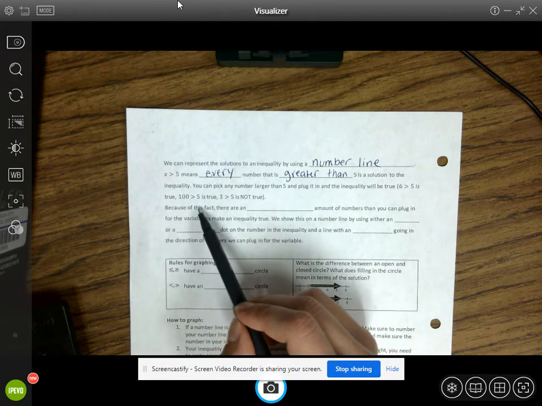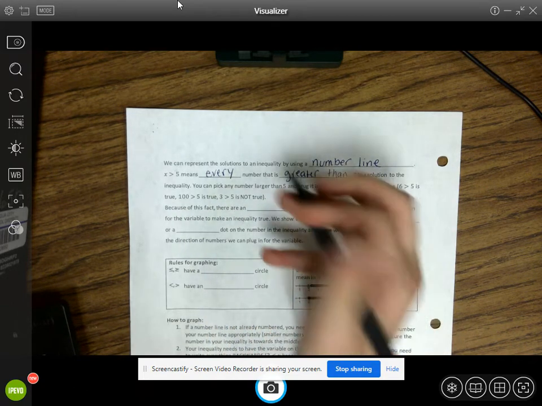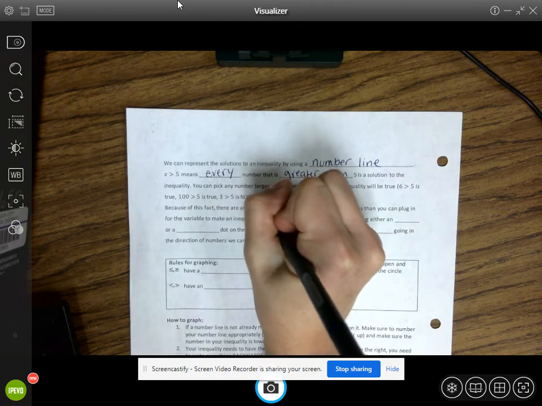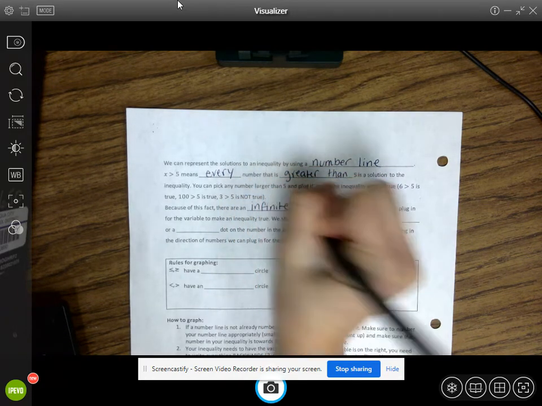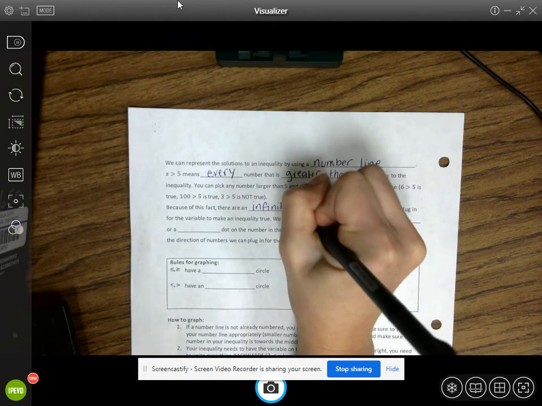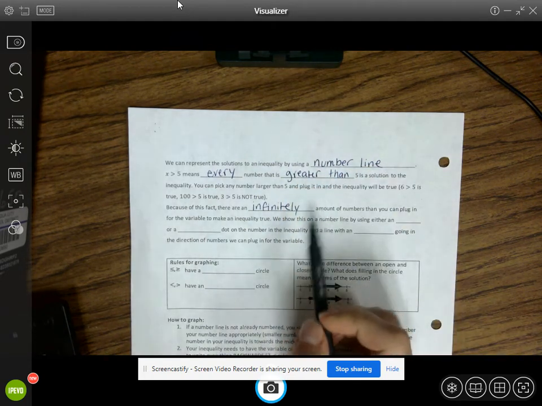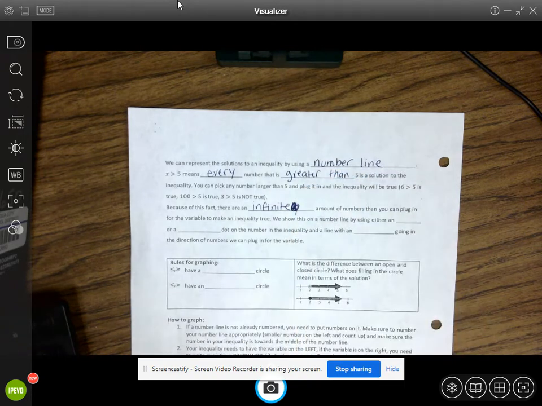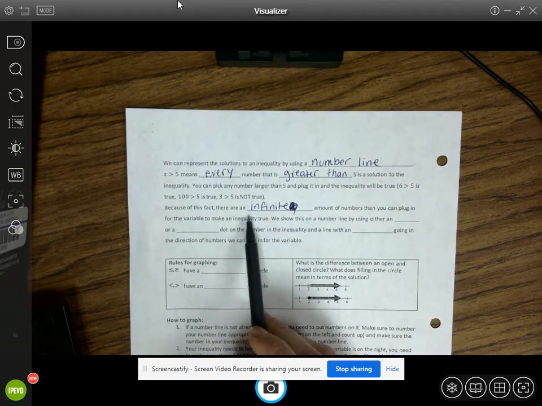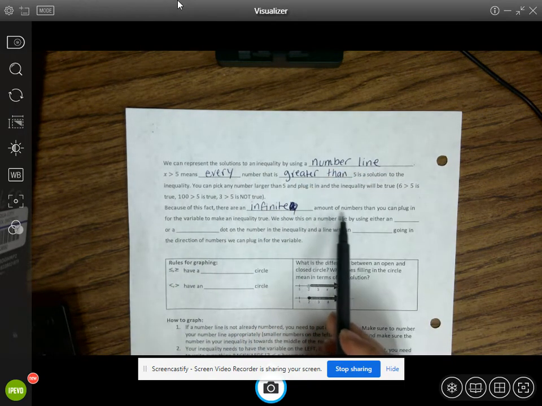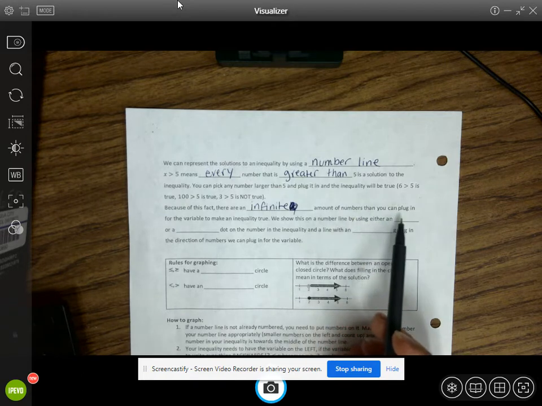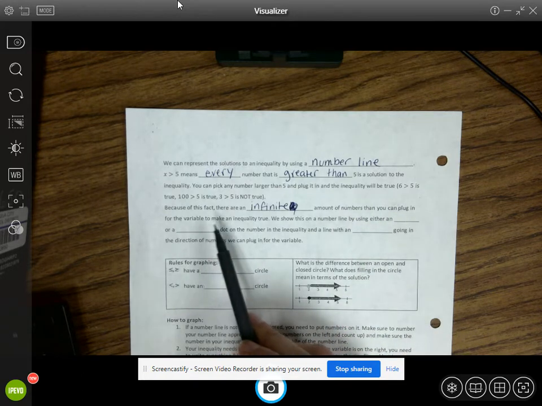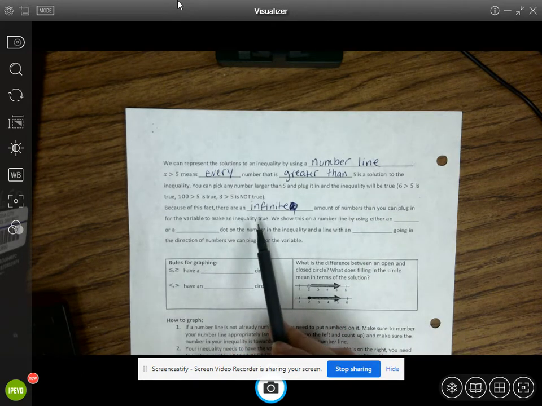Because of this fact, there are an infinite amount of numbers that you can plug in for the variable to make the inequality true.